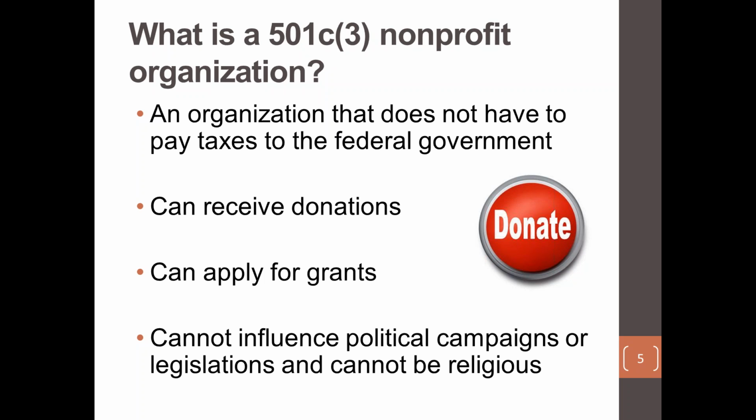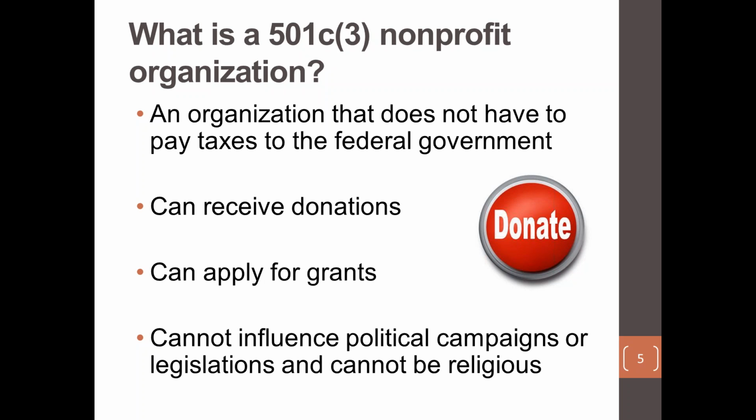However, you can go and do what's called education. You can, for instance, go speak with senators or with legislators and say, here are the important issues that affect the people our nonprofit works with.